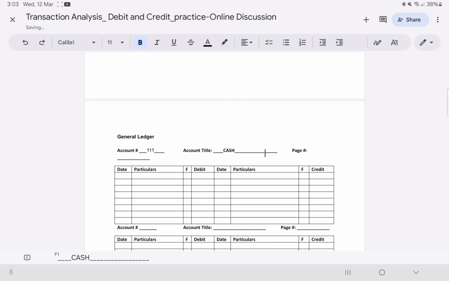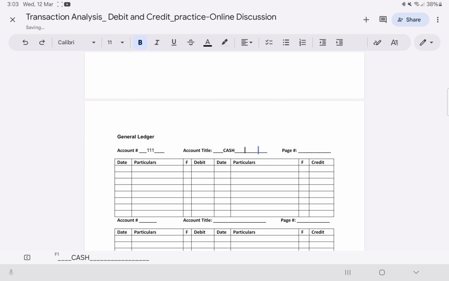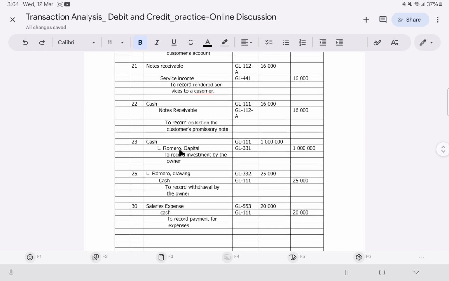Since our accounting title is cash, you should also copy the cash and the page number, since this is page 1. This is really important, that we put a page number for uniformity, and so we can determine how many accounting titles we have in our entire problem or transaction.